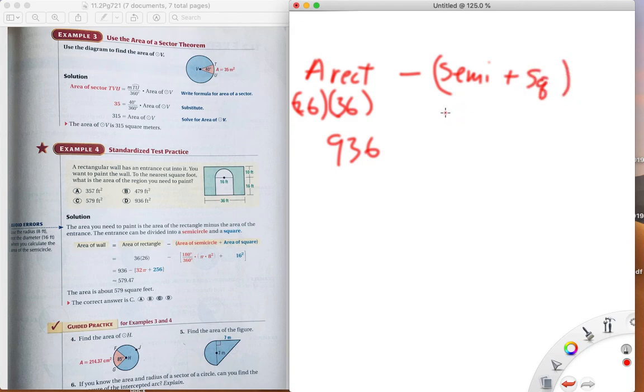The area of the semicircle is 1/2 pi 8 squared, and the area of the square is 16 times 16, or 16 squared.